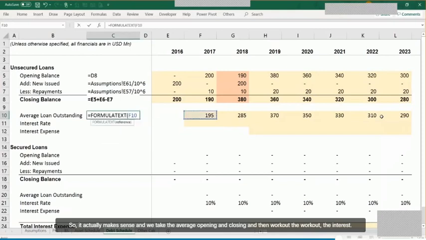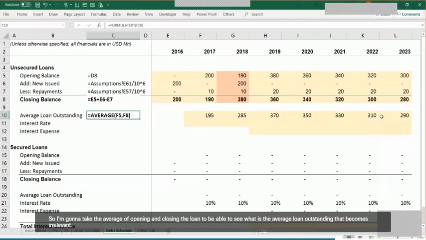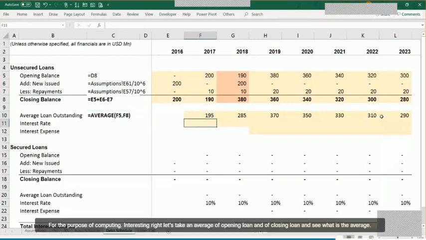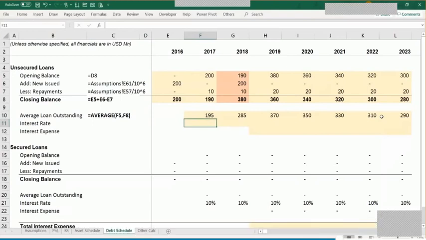So I'm going to take the average of opening and closing loan to see what the average loan outstanding is, and that becomes relevant for computing interest expense. Right? So let's take an average of opening loan and closing loan and see what the average loan outstanding across the year is in row number 10.